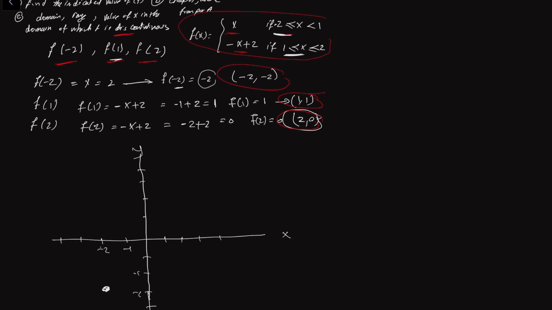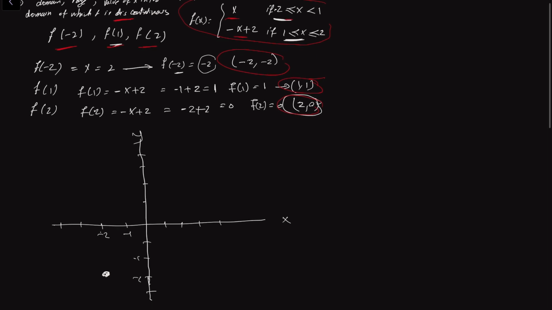All right, the second is 1 and 1. So this is negative 2, negative 2, and this is 1 and 1. And the third is 2 and 0, right here.